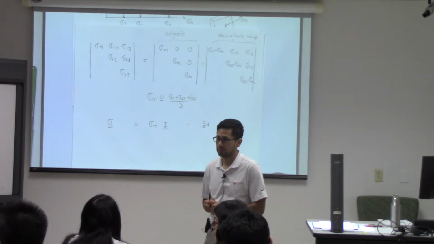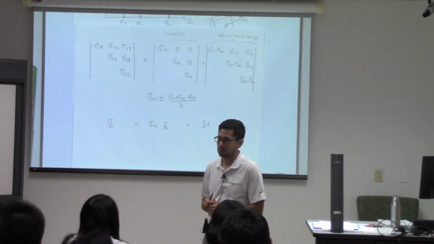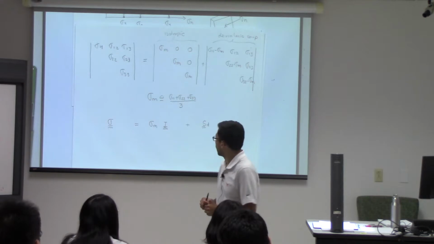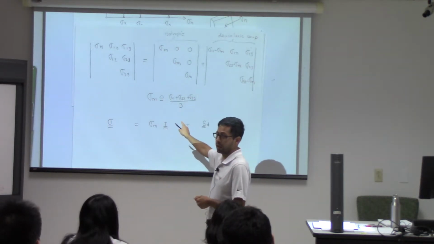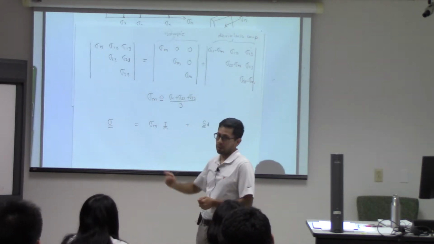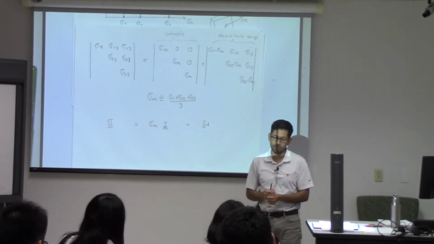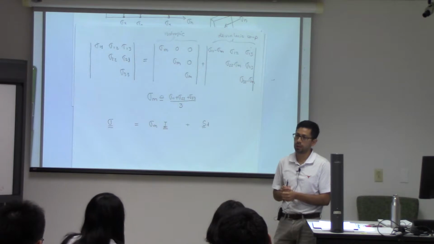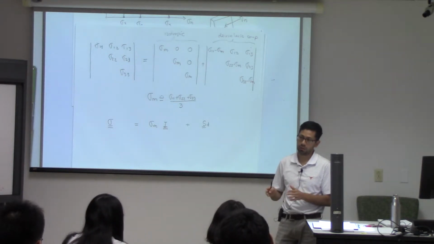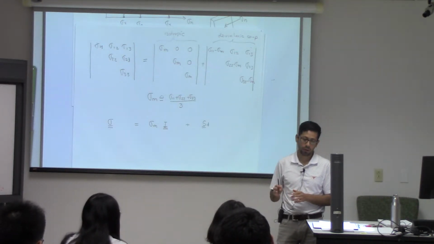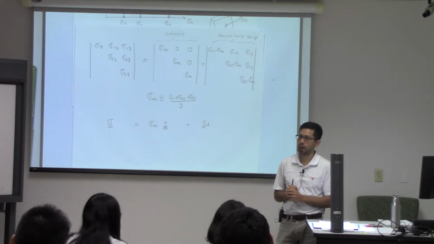Here, the sigma m is not necessarily the average of the principal stresses. Okay, we're going to go into that right now. So I told you before that any tensor will have 3 real valued numbers which are unique to that tensor, which are called eigenvalues, right?